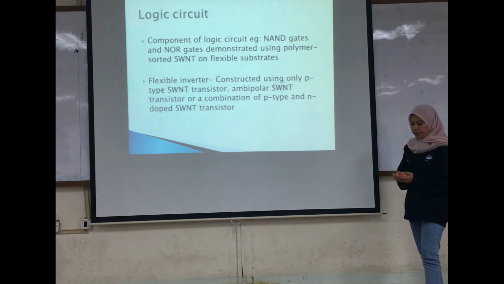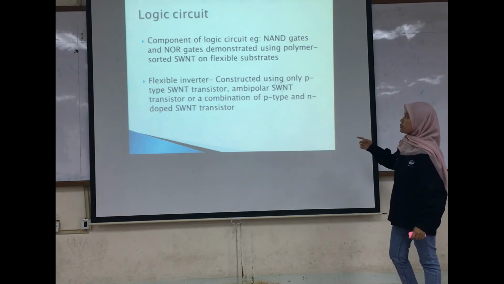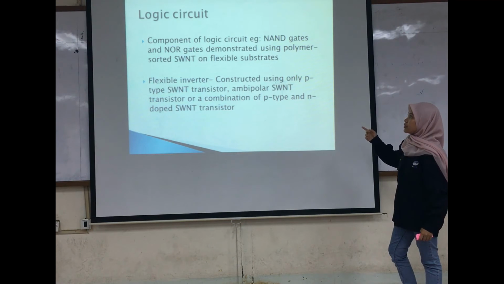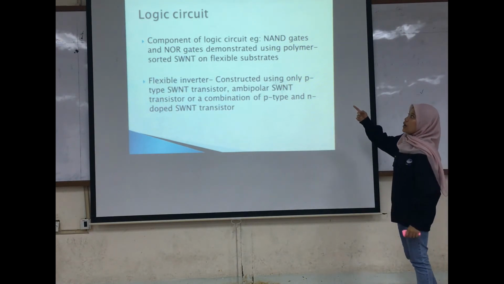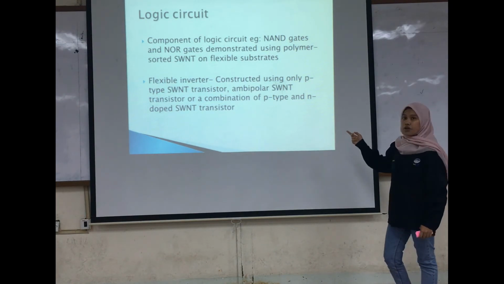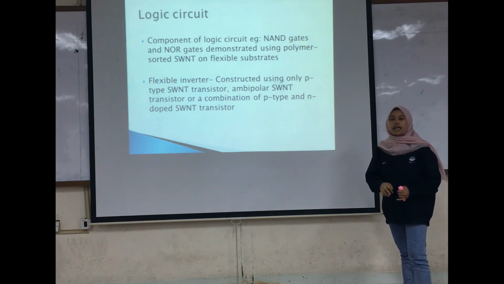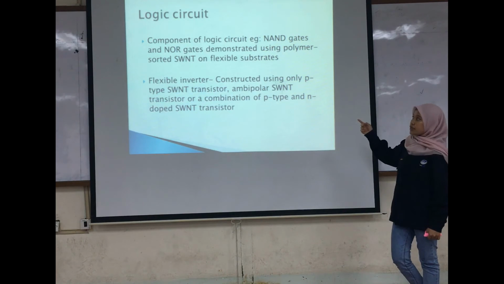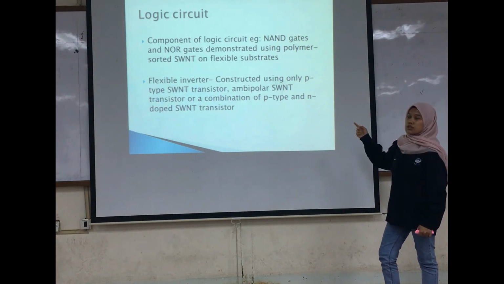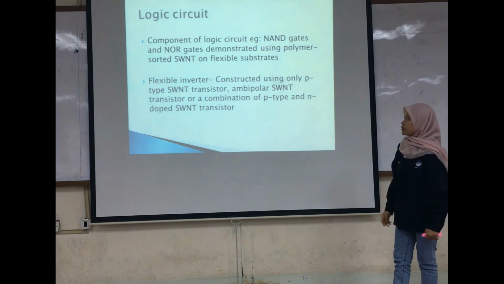Logic circuit. With better control of devices, polymer-sorted single-wall carbon nanotubes can be used for constructing logic circuits. Components of logic circuits, for example NAND gate and NOR gate, have been demonstrated using polymer-sorted single-wall carbon nanotubes on flexible substrates.